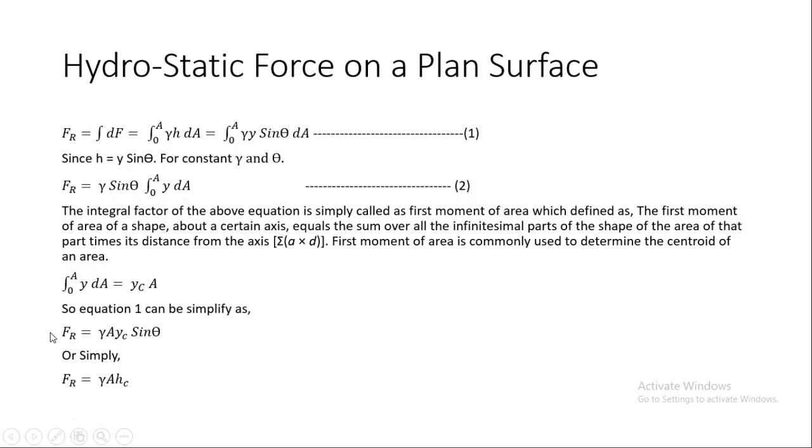After that, we can easily determine the magnitude of the force, but we are unable to identify whether the force is applied at the centroid or any other part. This is only for calculating the magnitude of the resultant force, and yc sine theta is equal to hc, so vice versa, you can use this expression as well.